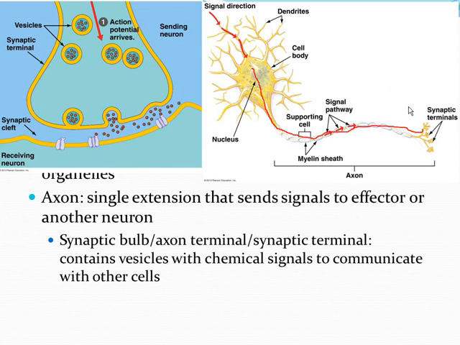Is it an electrical process or a chemical process? Electrical within the neuron itself. If it's from the neuron to another cell here, what is this? This is the chemical process of communication. So the neurotransmitters are a chemical way of communicating.